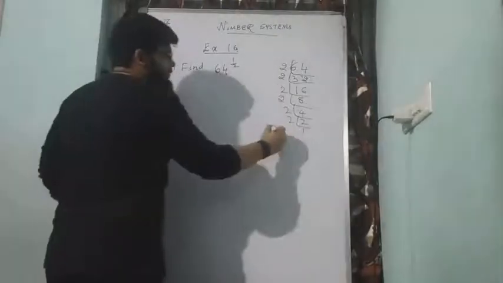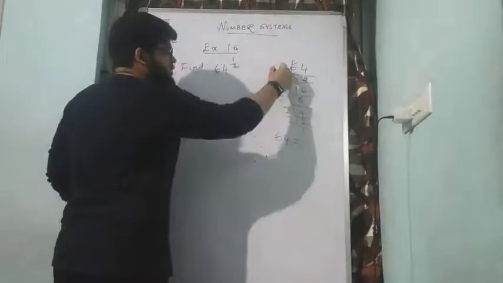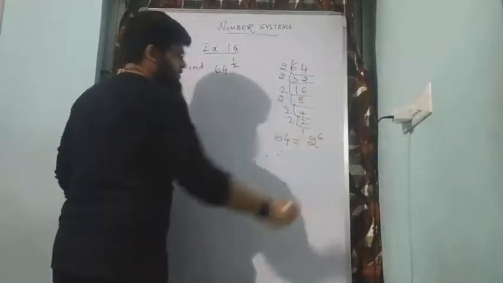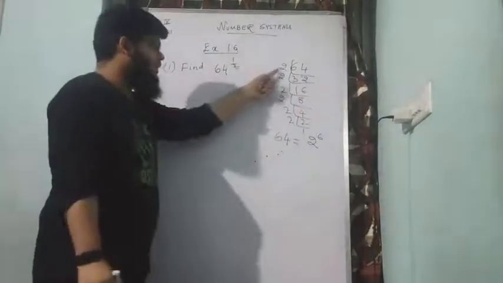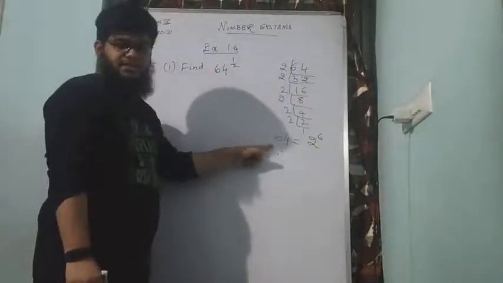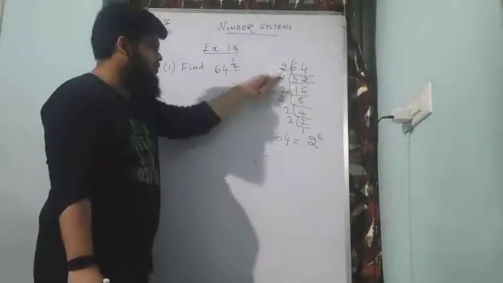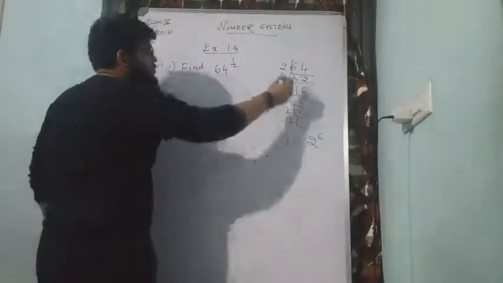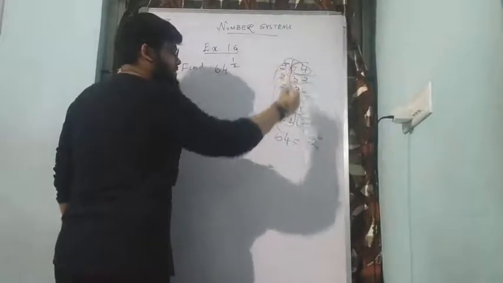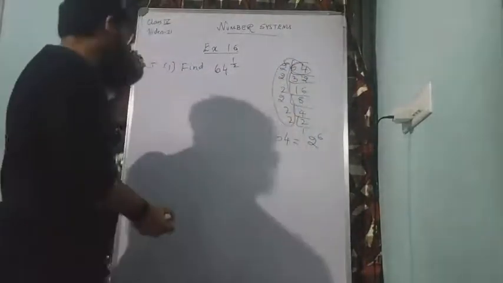That means 64 can be written as 2 to the power of 6. That means 2, if we multiply 6 times, 1 2 3 4 5 6, we get 64. So 64 is equal to 2 multiplied 6 times, which is 2 to the power of 6.